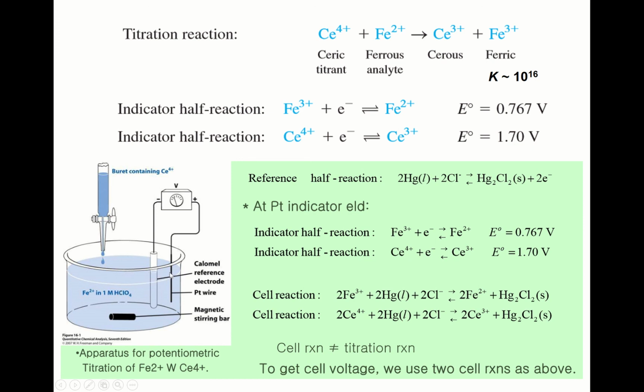On the reference and the indicator electrode platinum, what will happen? By the way, in the calomel electrode, this reaction is there all the time, right? This is fixed. When chloride ion is saturated, the E0 value for this one is what? Do you remember? 0.241 volt.